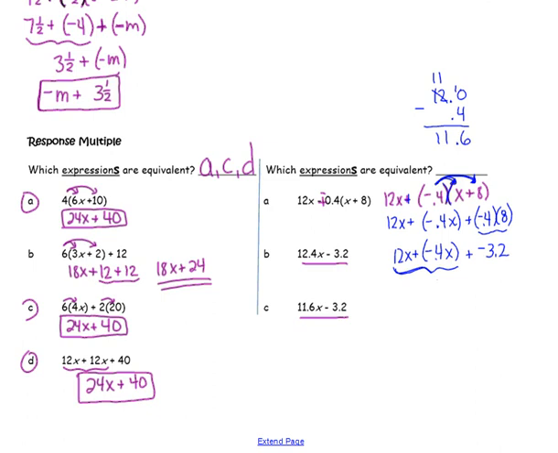So this simplifies to 11.6 plus a negative 3.2, which is the same as subtracting 3.2, using the rule of subtraction that says subtraction means add the opposite. Notice that the answer for A is the same as C. So the expressions here that are equivalent are A and C.